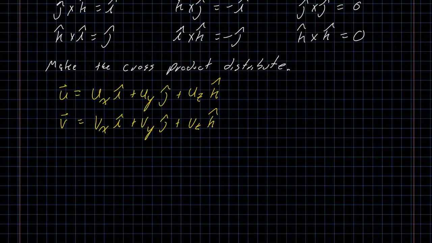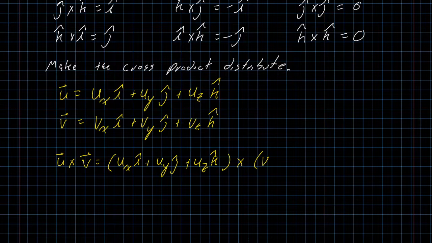And if I take u cross v, that is the cross product in all of this, uxi plus uyj plus uzk cross with vxi plus vyj plus vzk.